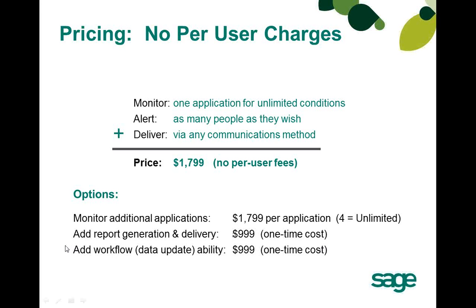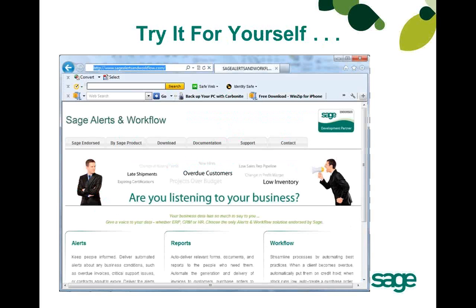And the only other option is the ability to perform workflow, to trigger updates, such as putting a customer on credit hold, or pulling data out of your ERP system and pushing it over into a CRM system. That workflow or actions module by itself is also a one-time fee of just under $1,000.